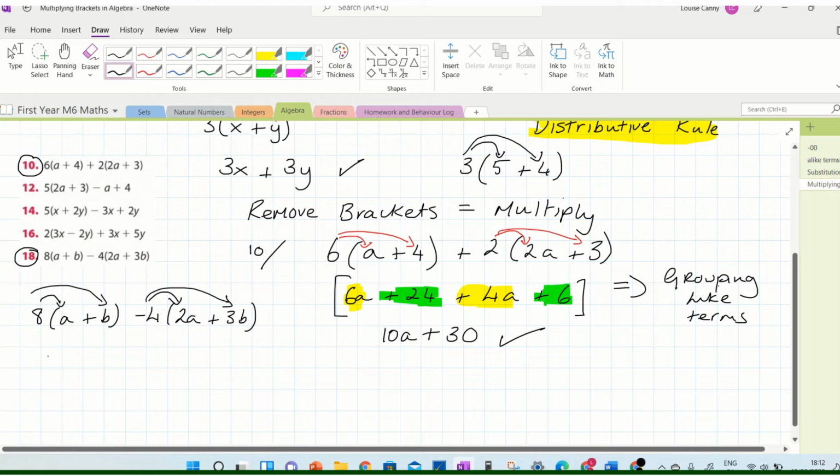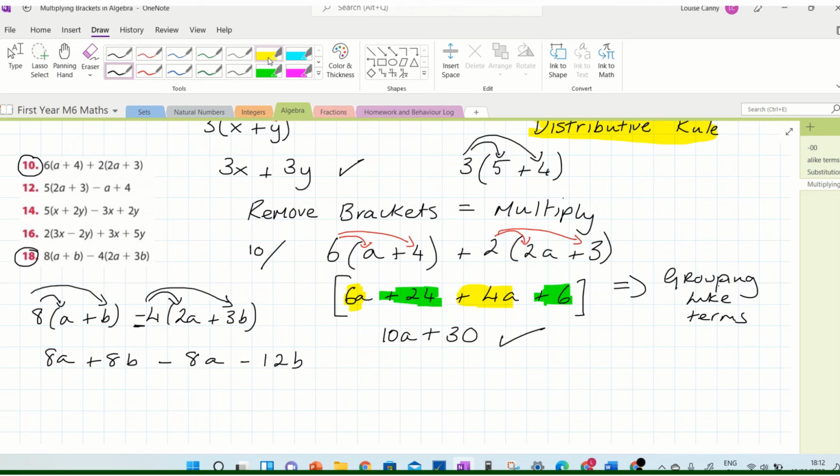So 8 times a gives me 8a. 8 times b gives me 8b. Minus 4 multiplied by a positive 2a is going to give me minus 8a. And minus 4 multiplied by a positive 3b is going to give me minus 12b. So don't forget your negative sign there. Negative by positive is negative.